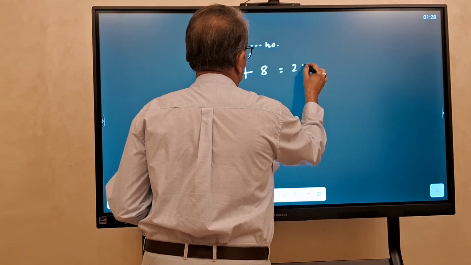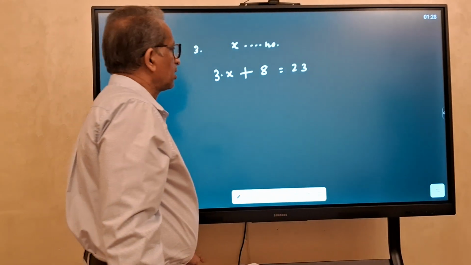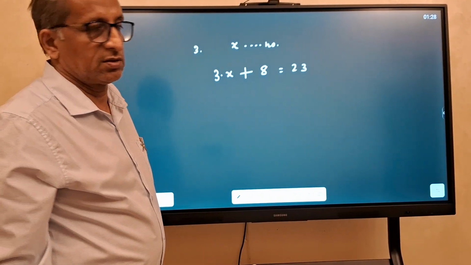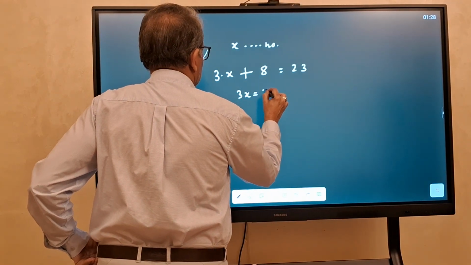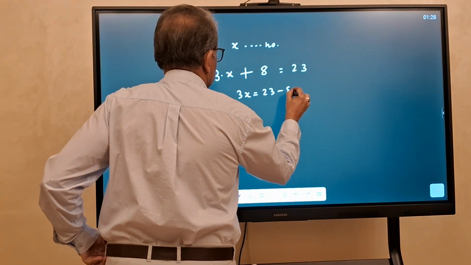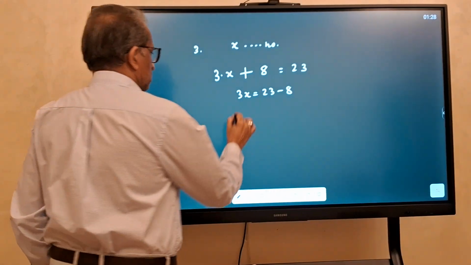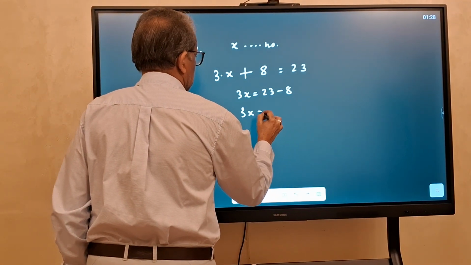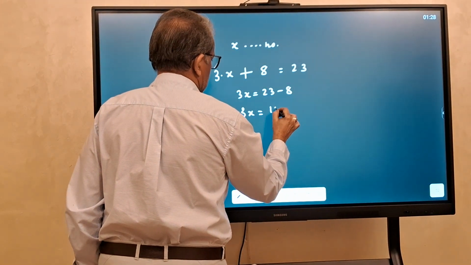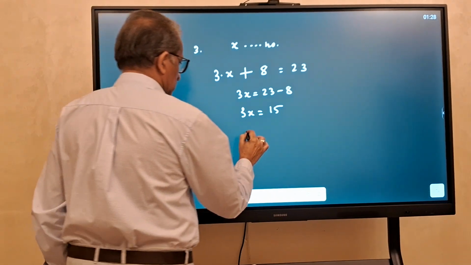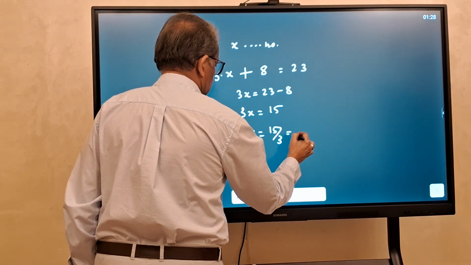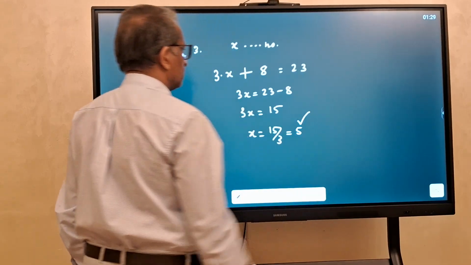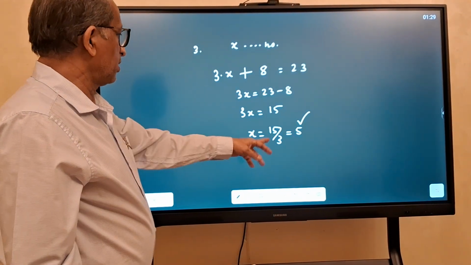That is equal to 23. This is what we get, a linear equation. Solve this. 3x equals 23 minus 8, 15. x is equal to 15 by 3, that is 5. So the number is 5.